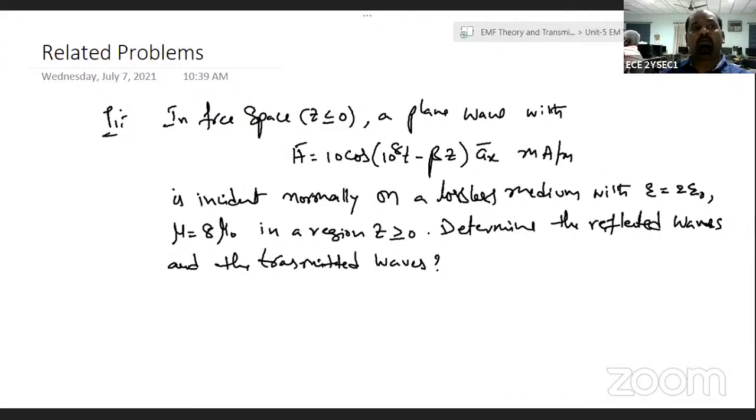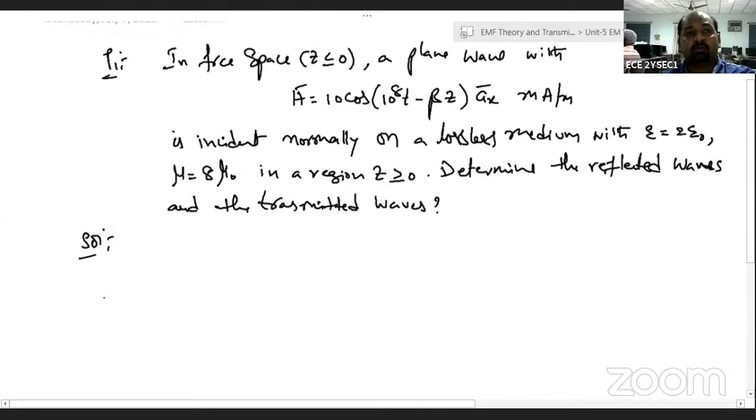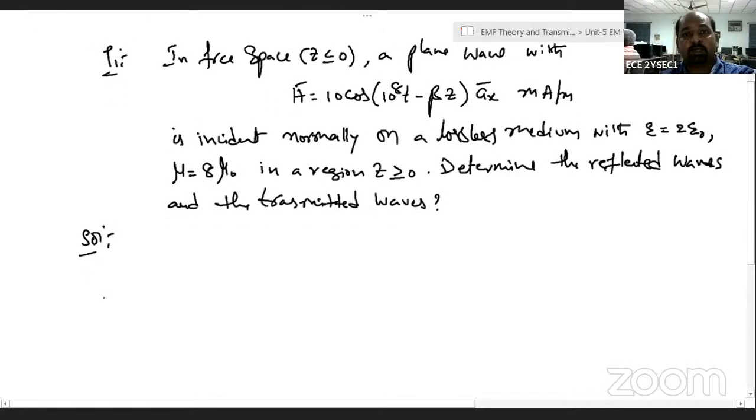The problem may look bigger, but the procedure is very simple. So read the problem and understand what we have to determine. Then 50% of the answer is over. By understanding the problem itself, you are 50% through.